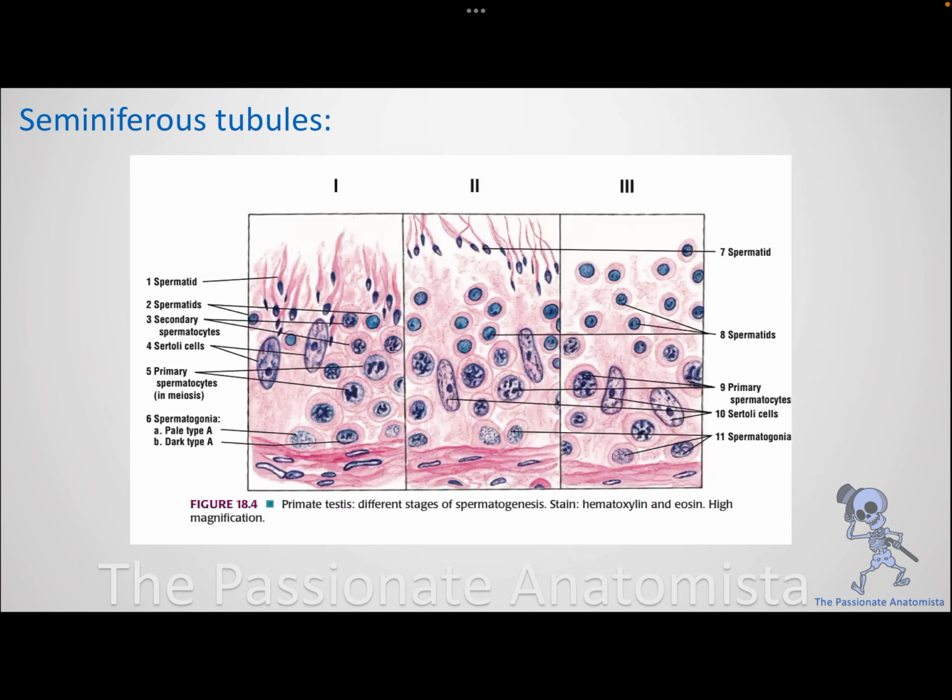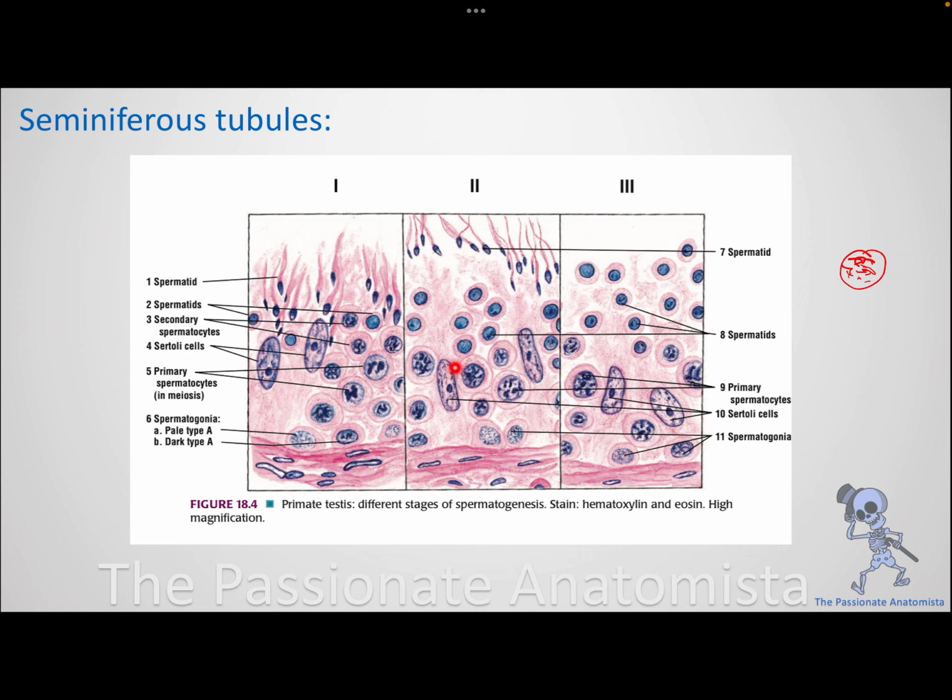So here we have another nice picture showing that if you have cells touching the basement membrane, that would be spermatogonia. If you look at cells that give you so many lines inside, dots, a stringy appearance, this is going to be the primary spermatocytes.